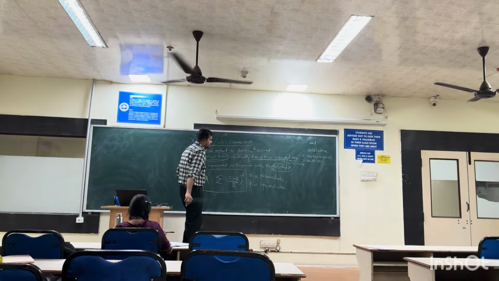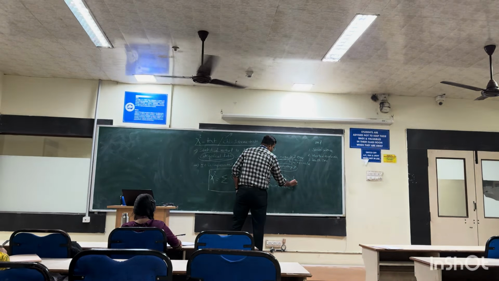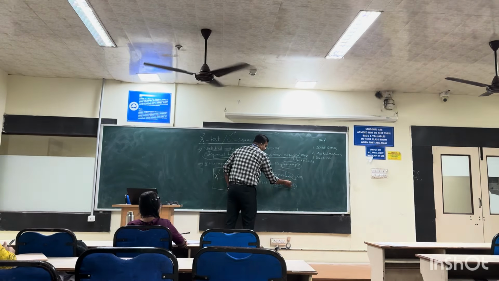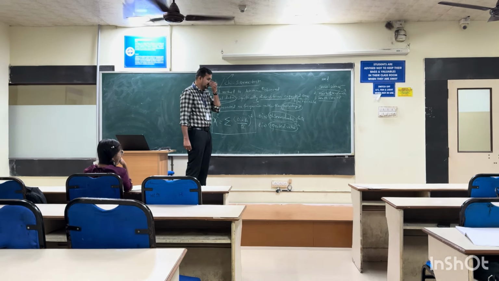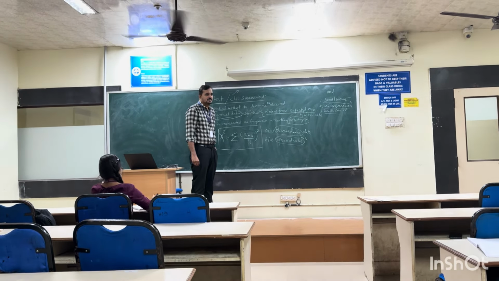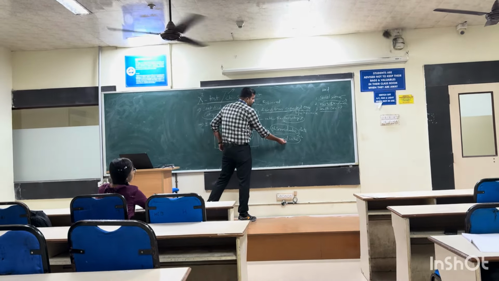Here Oi stands for the observed value, the observed data, and Ei is your expected data. We relate this with the hypothesis we discussed: the null hypothesis, where your observed value is different from your expected value.